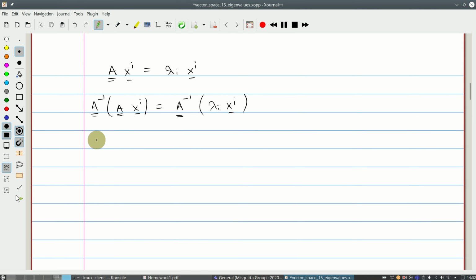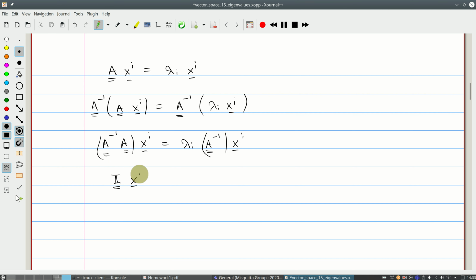What we end up with is A inverse A xi, you can see where this is going, I hope, is equal to lambda i, which is a scalar, so it can be pulled out of this matrix vector multiplication. So we have lambda i A inverse xi.